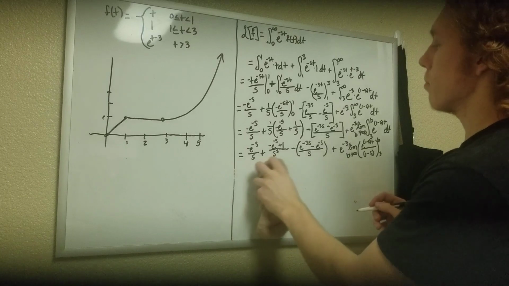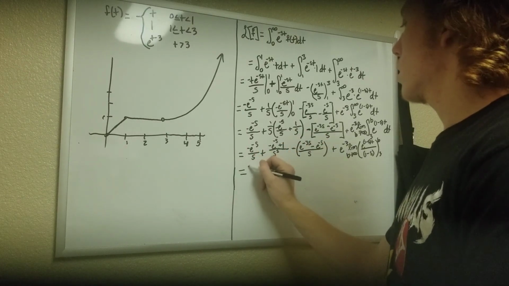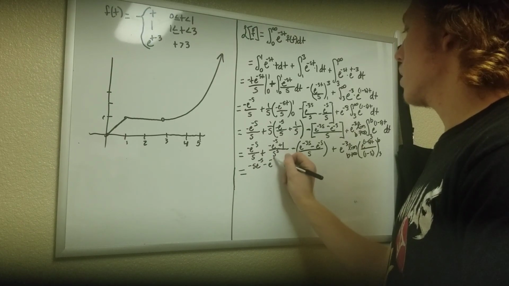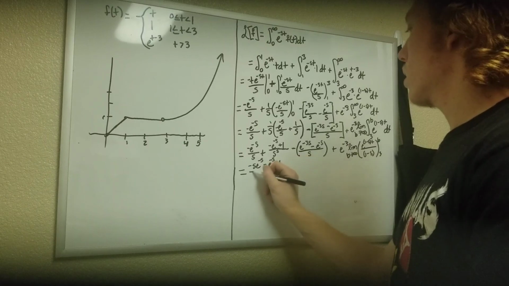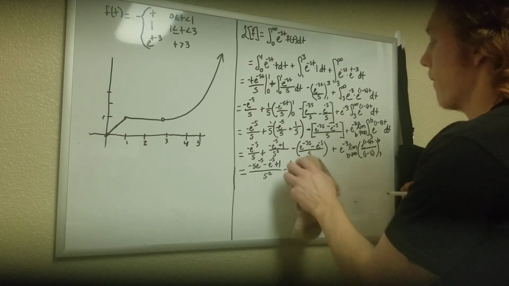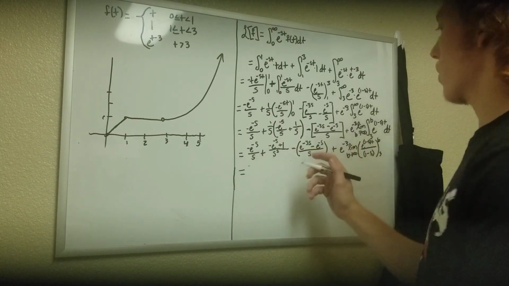Actually, I'm going to combine these two fractions together. So negative s e to the negative s minus e to the negative s plus 1 over s squared minus... In fact, I'm actually going to combine all three of these fractions.